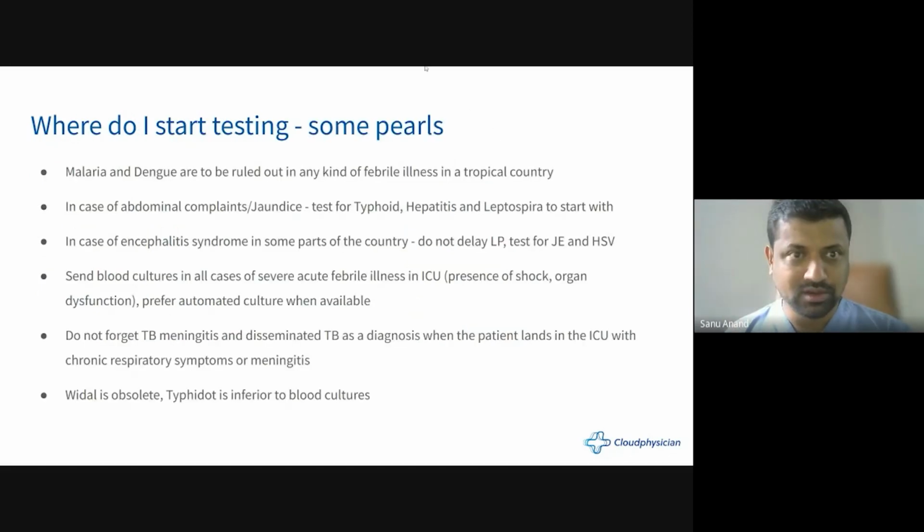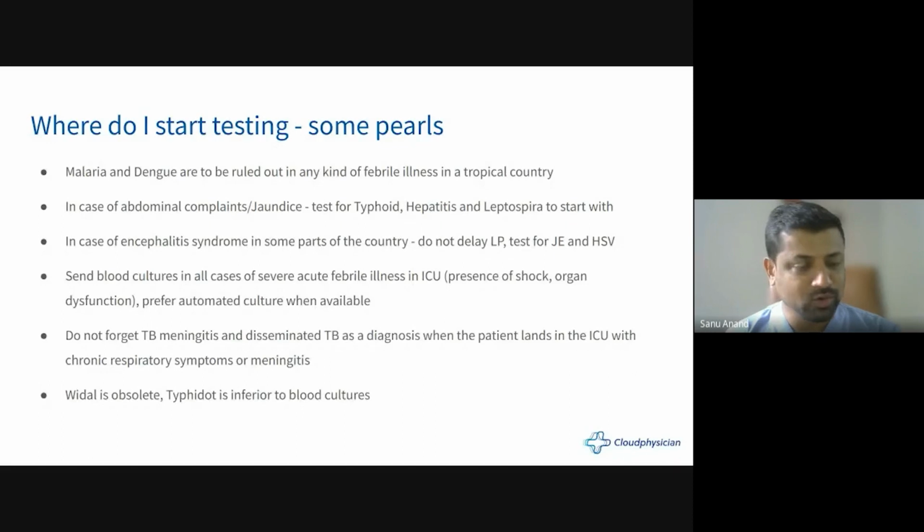So now again, syndromic approach, a lot of diseases, a lot of tests. Where do I really start? Just putting in some stuff here from things that I have read or experienced over my career.